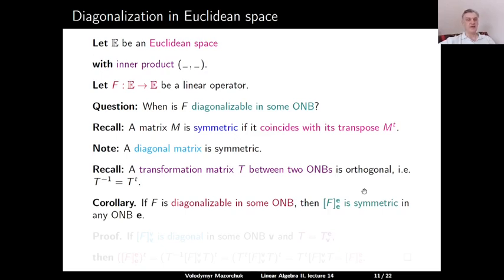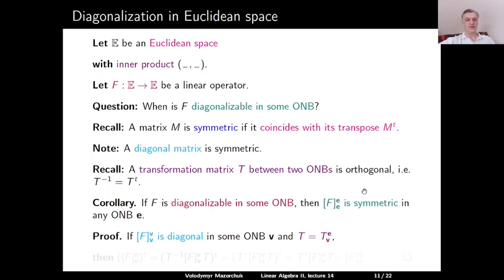If F is diagonalizable in some orthonormal basis, then the matrix of F is symmetric in any orthonormal basis, let's call it E. Proof. Assume that the matrix of F in some orthonormal basis V is diagonal. In particular, it is symmetric.